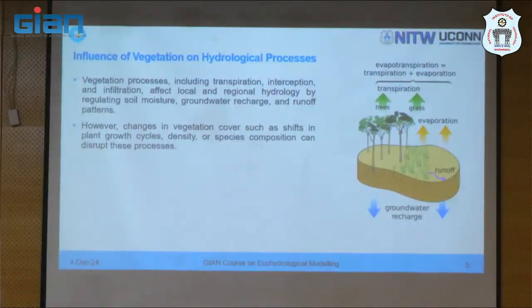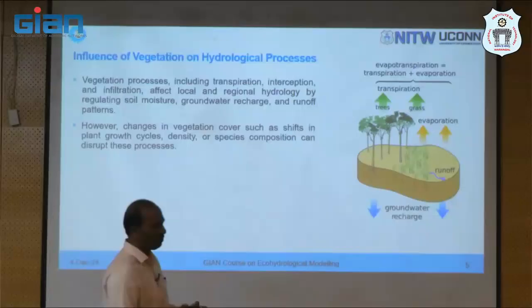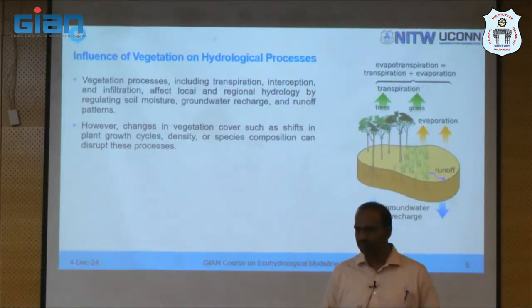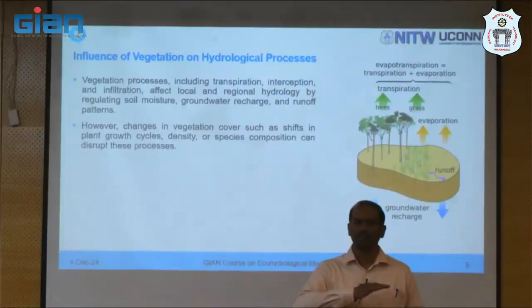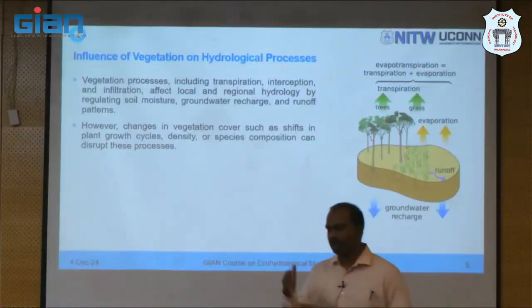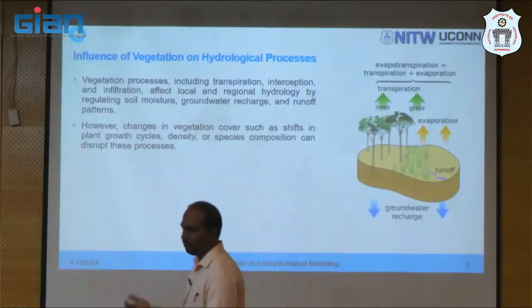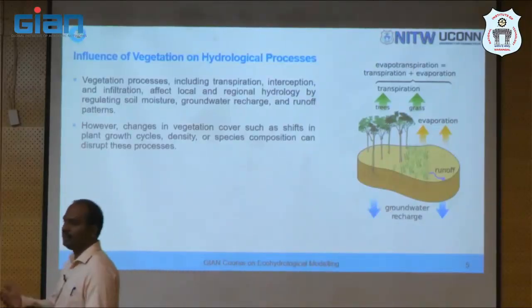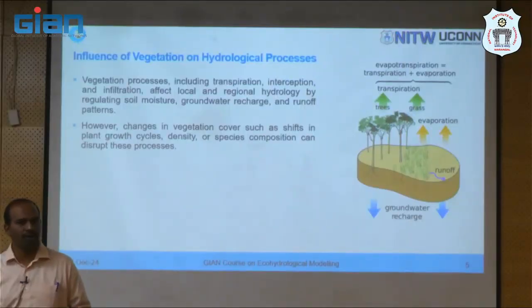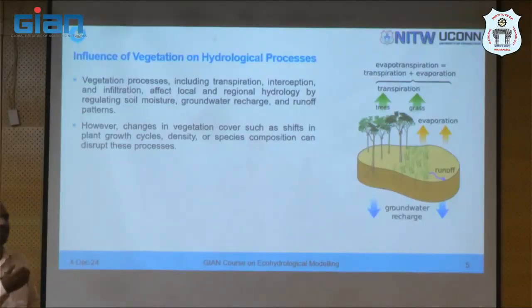When the surface runoff gets generated, it goes as overland flow, a thin sheet of water flowing across the land surface. Now that thin sheet of water, when it gets an obstruction in the form of some vegetation, the velocity reduces. Once the velocity reduces, it gets more time to percolate into the soil and further percolate into the groundwater.